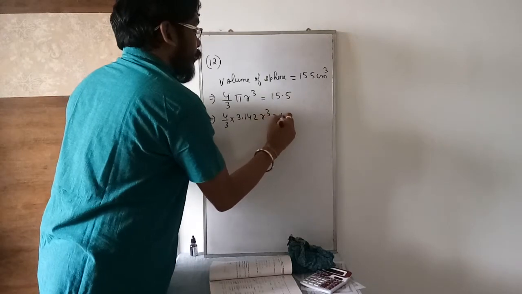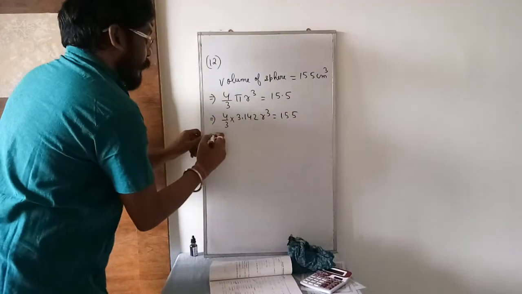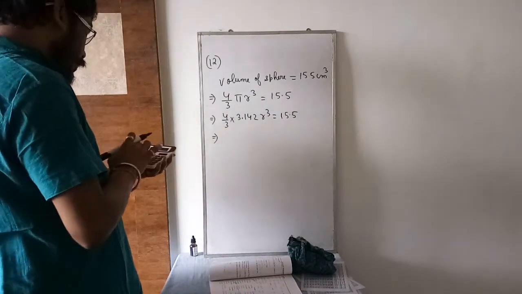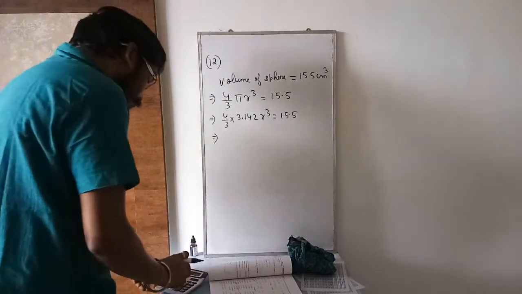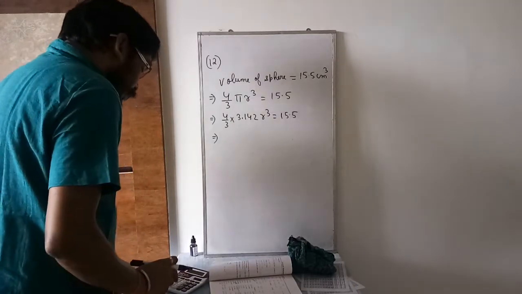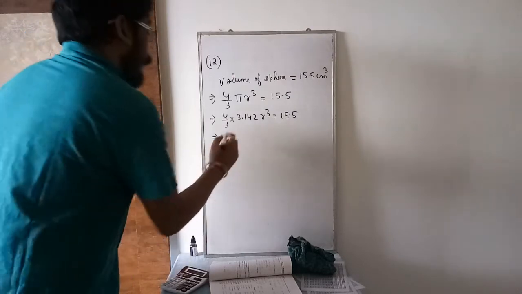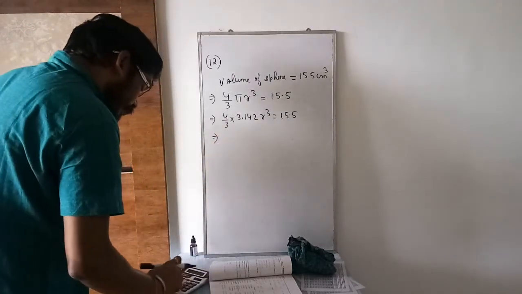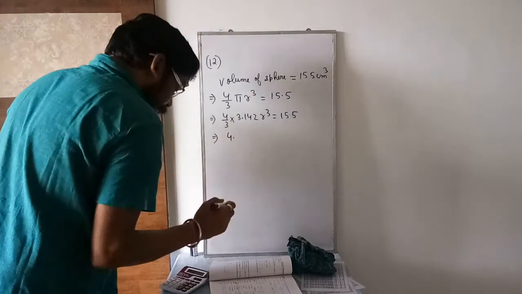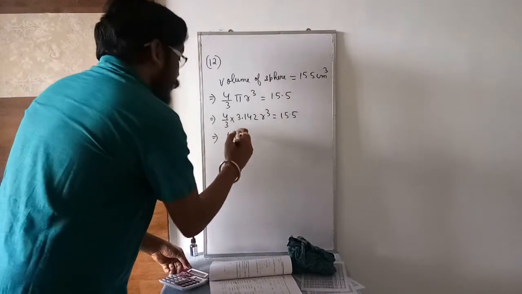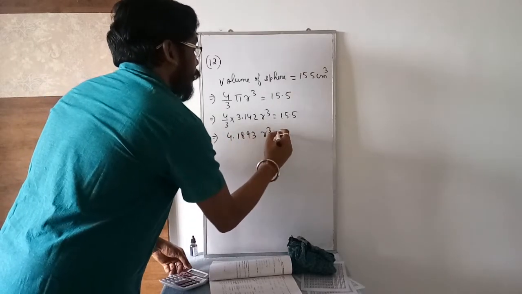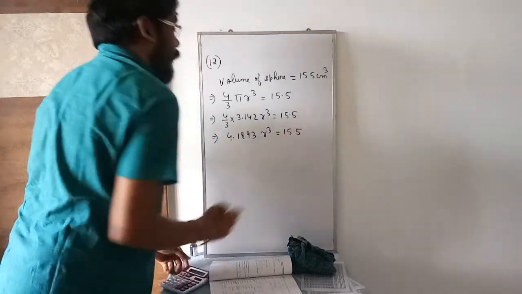So let me do the calculation. 4 into 3.142 is 12.568. 12.568 divided by 3, you will get 4.1893. So 4.1893 r cube equal to 15.5.